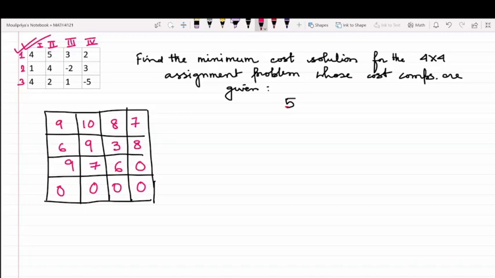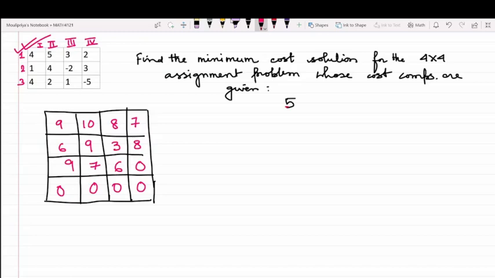So what is primarily to be done is we will try to make all the cost components positive. How can that be done? That can be done by adding 5 to all the elements, because 5 is the most negative element present right here. Am I correct?